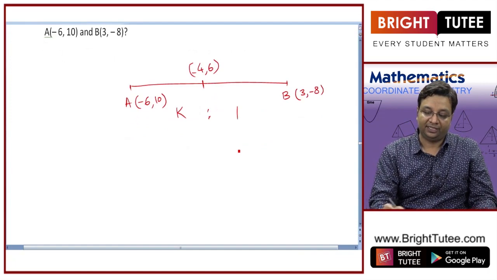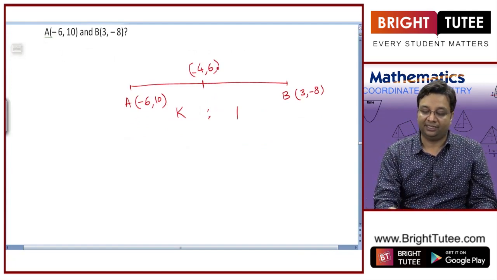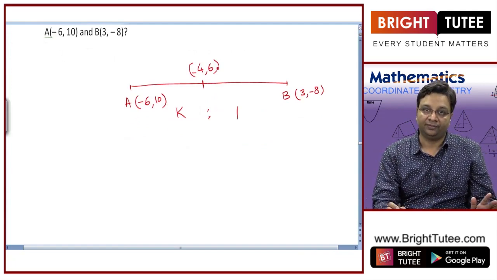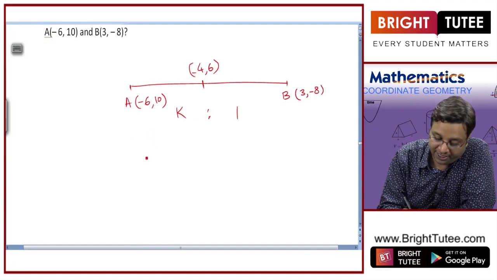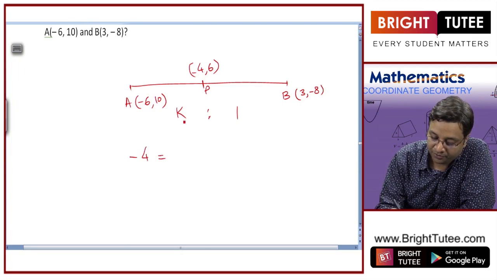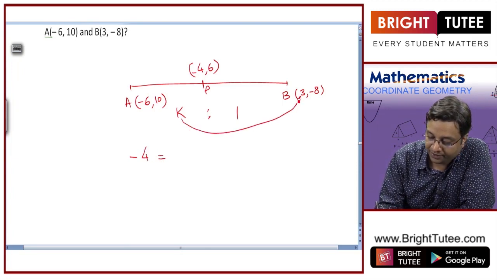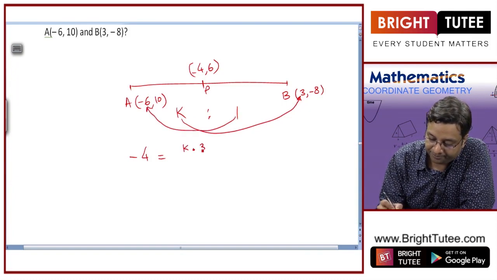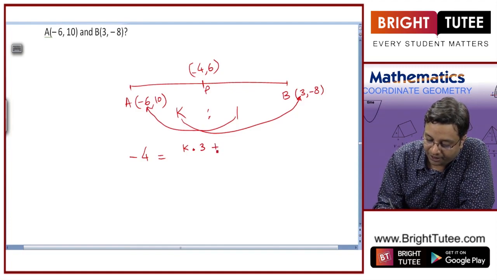So let's say this point divides this line segment AB in k is to 1. Let's say this is point P. What will be the x coordinate of point P? Minus 4 is equal to k into the x coordinate of B, plus 1 into the x coordinate of A, so k into 3 plus 1 into minus 6, divided by k plus 1.